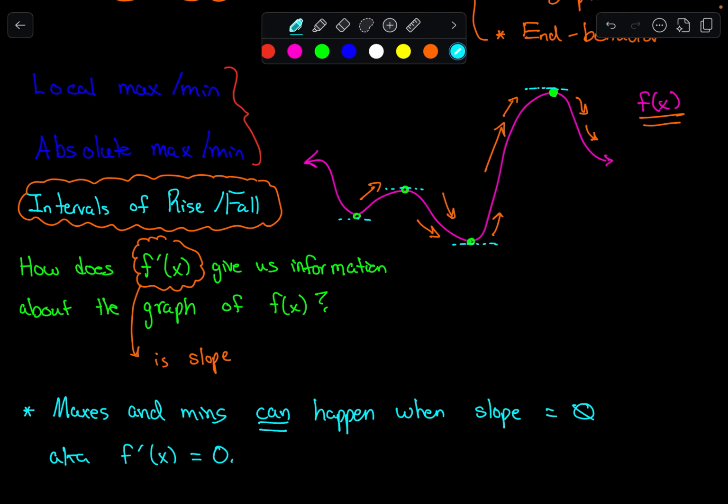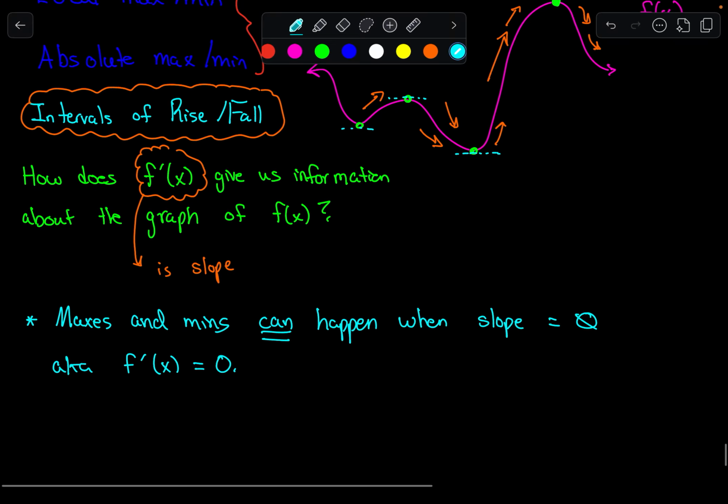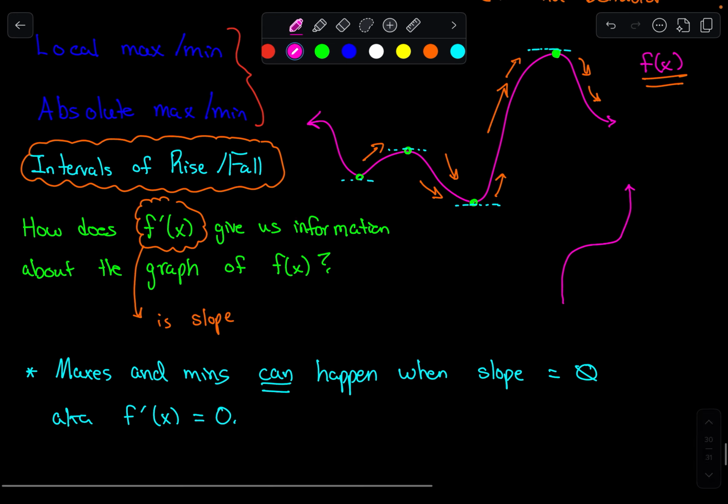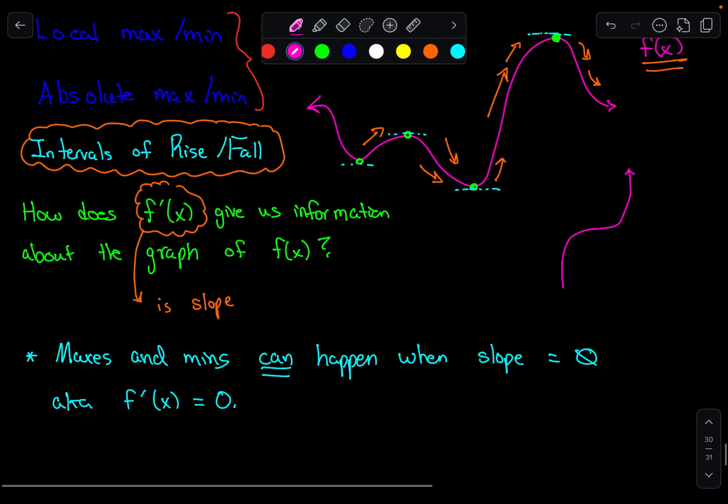Now, what do I mean when I say can happen? You'll notice I'm not doing any math yet, but what could I be alluding to? Here's an example of a graph that you've probably seen. The graph I just drew is y equals x cubed.